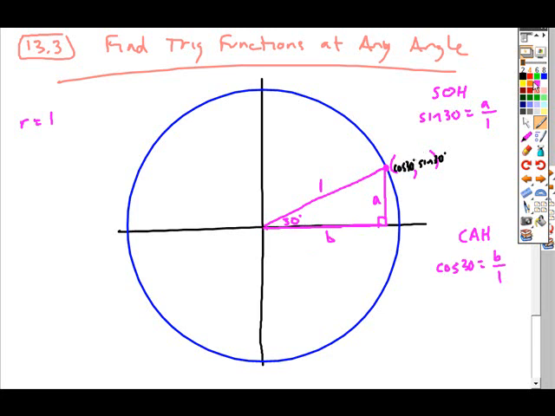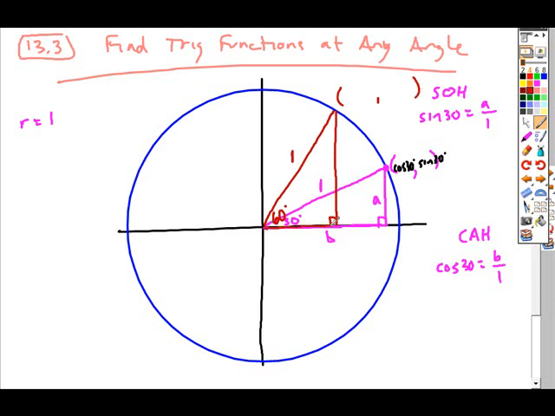What do you think is going to happen if I take another angle? Let's call this angle 60 degrees. At 60 degrees, we still have a radius of 1, and we want to find the x and the y coordinate here.